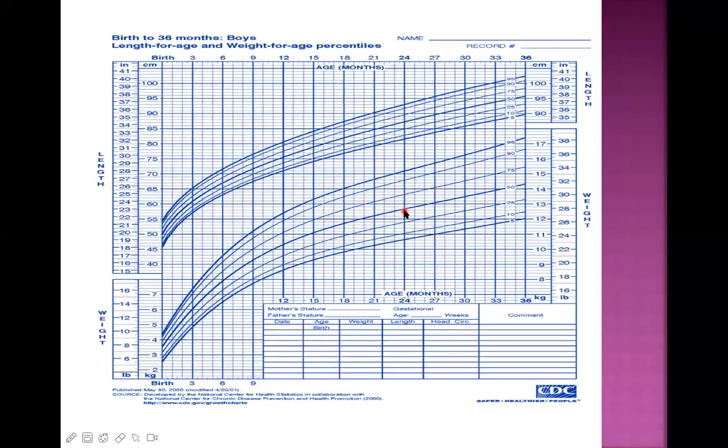Sorry, the age is already 2 years. What is the weight? Which weight does this point belong to? I should come like this and look at the weight. Almost 13 kg.